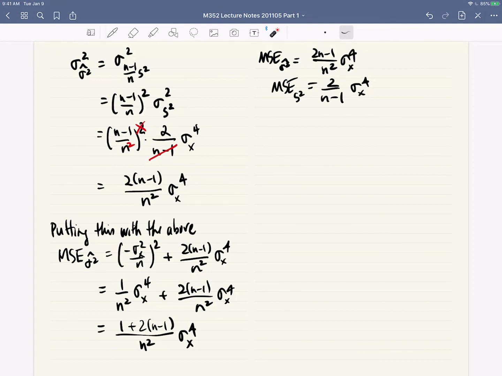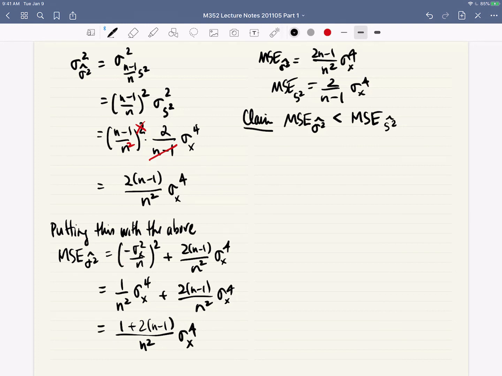With logic based on mean squared error, the better estimator is the one whose mean squared error is smaller. So there's a claim to be made here that the mean squared error of our alternative estimator is actually less than the mean squared error of the sample variance.